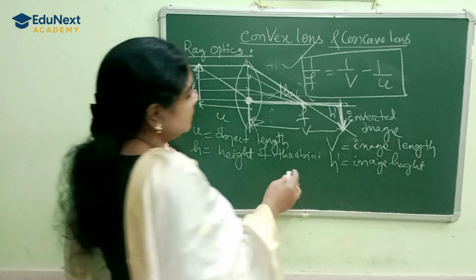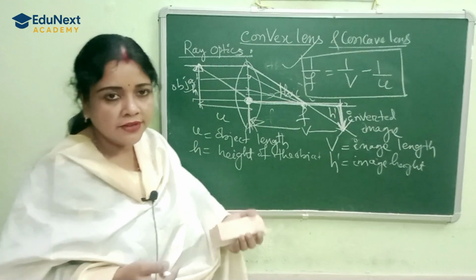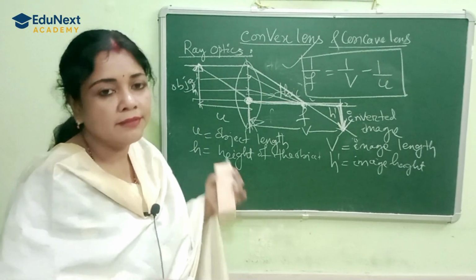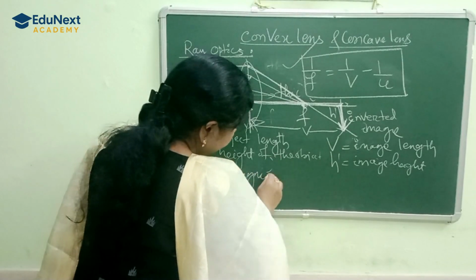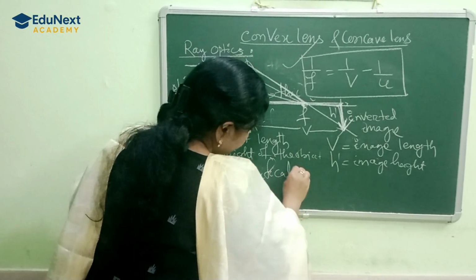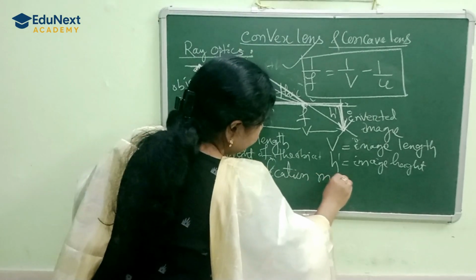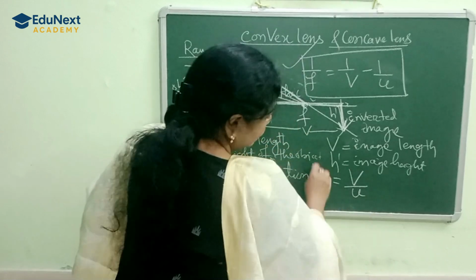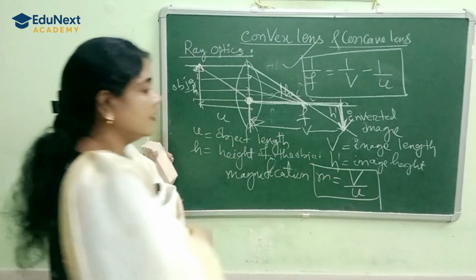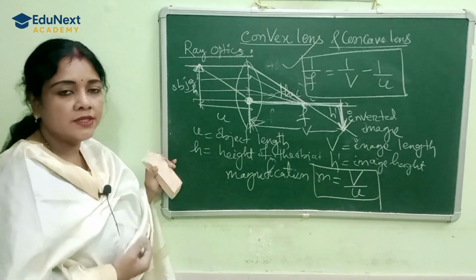Now you see there is a magnification, so there is a formula for magnification. The magnification m is equal to v by u, where v is image length and u is object length.